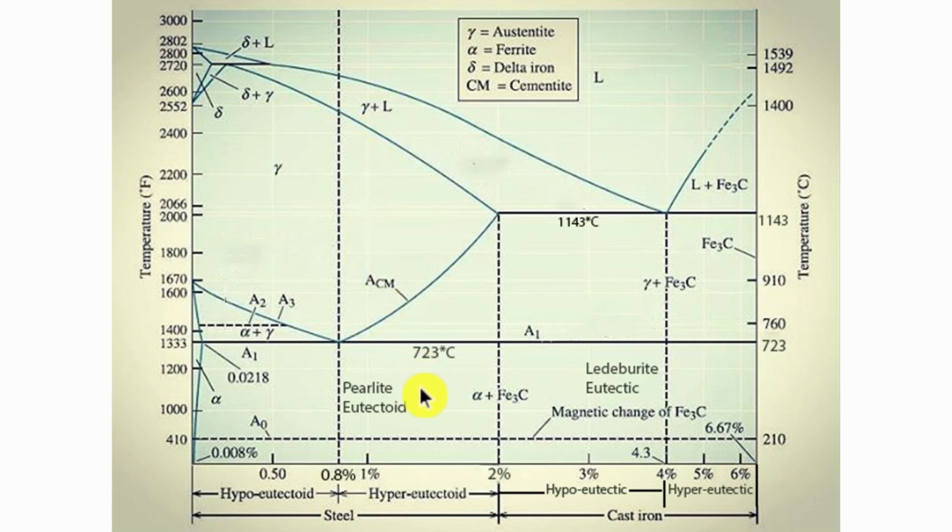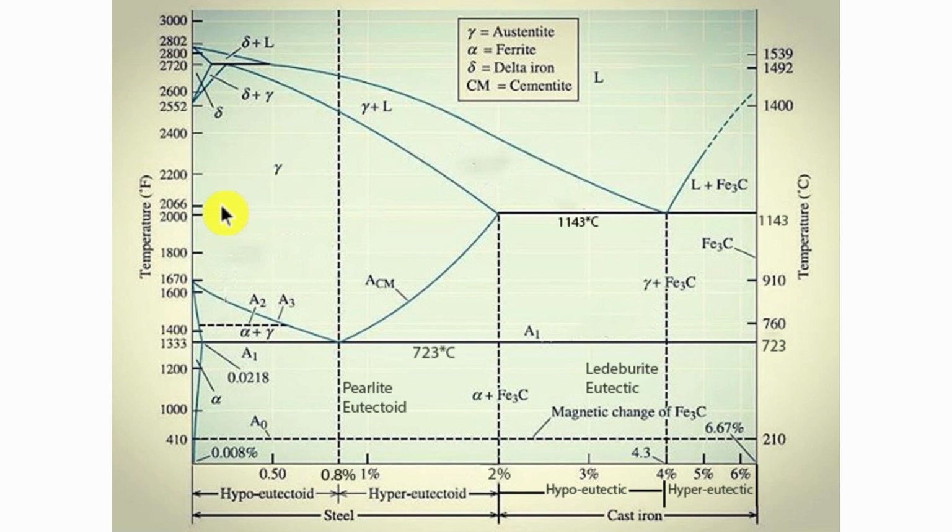So in the carbon steel region, up to 2% carbon, I told in the earlier video that carbon steel has a maximum carbon of 2%. So with any carbon percentage in the carbon steel region, if it is cooled down from liquid state, ultimately it will form austenite.